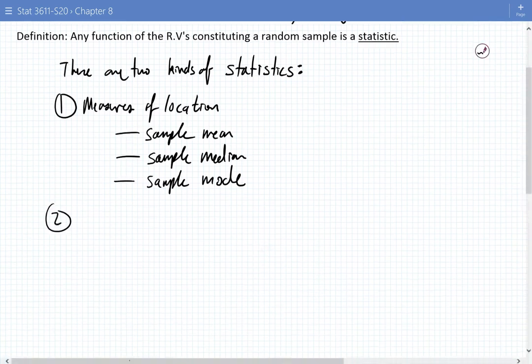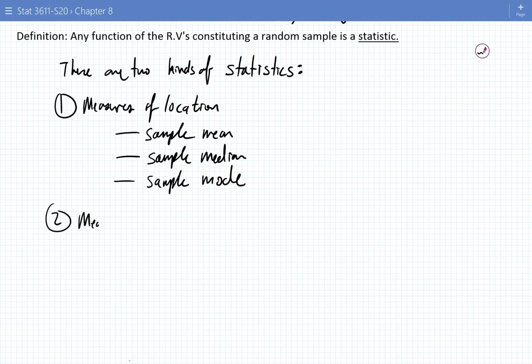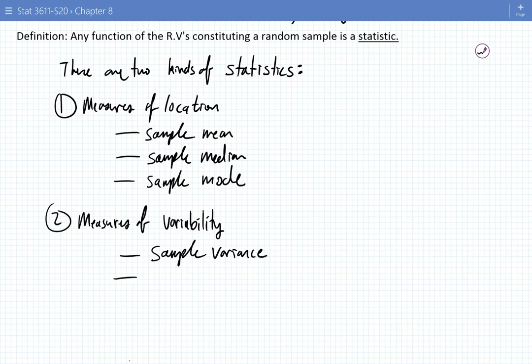The second kind of statistic is a measure of variability. So that is something like the sample variance, or the sample standard deviation.